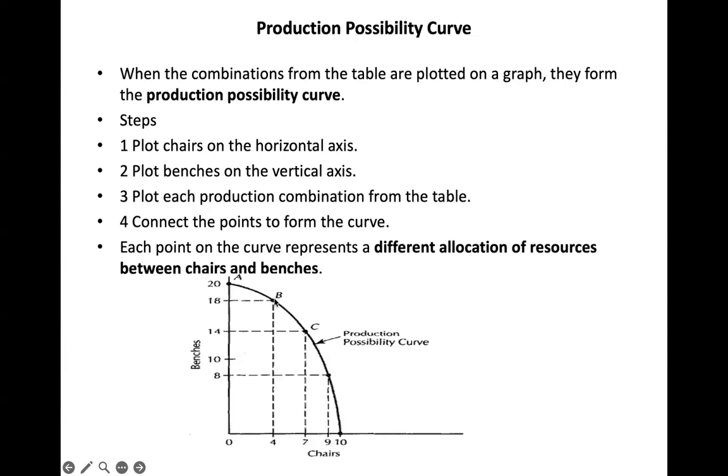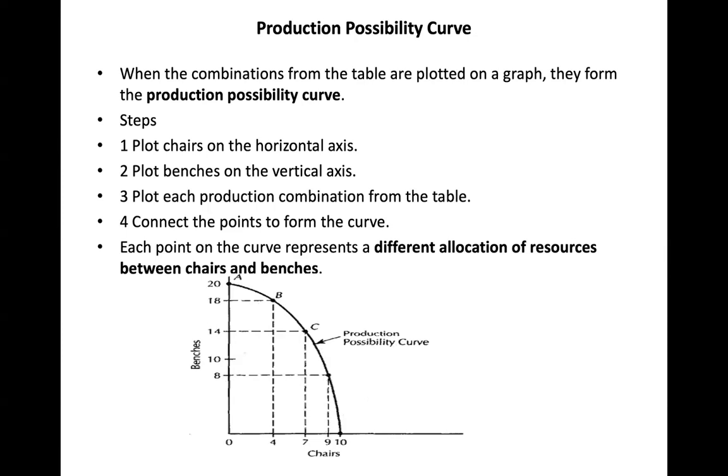So this is the point B. So when you join the 18 benches to the 4 chairs, we get the point B. When he produces 14 benches, he can only produce what? 7 chairs. So it's the point C. If he produces 8 benches, he can only produce what? 9 chairs.